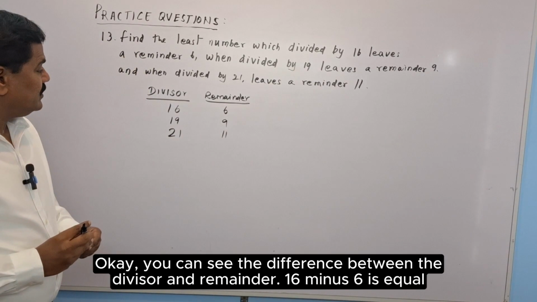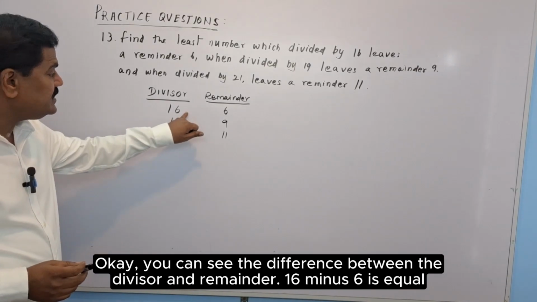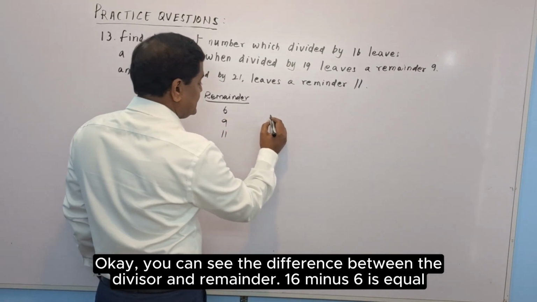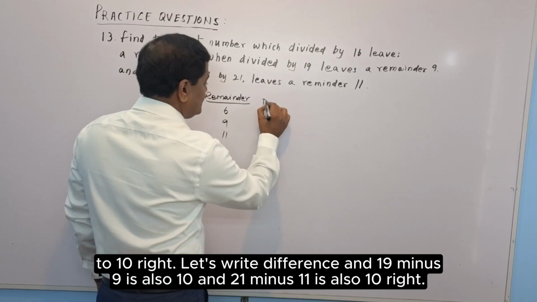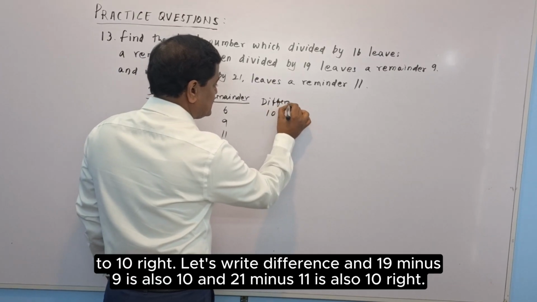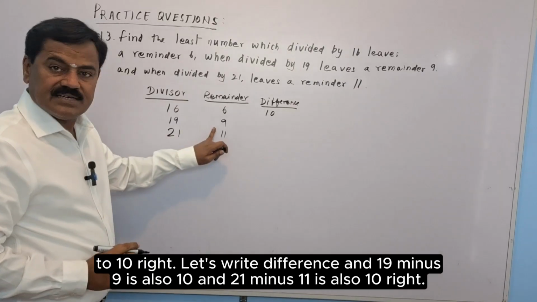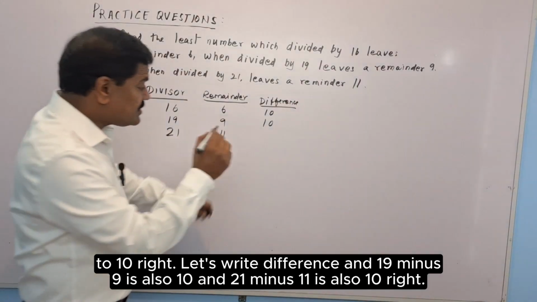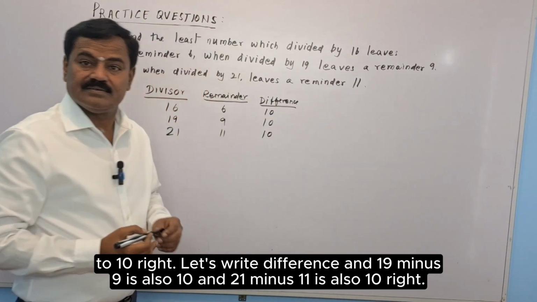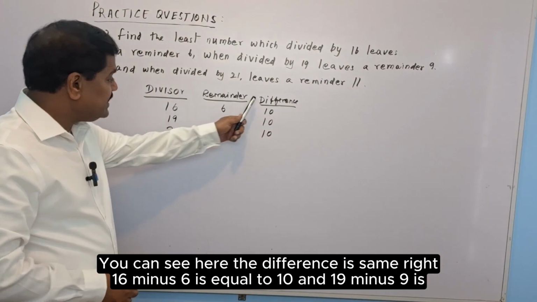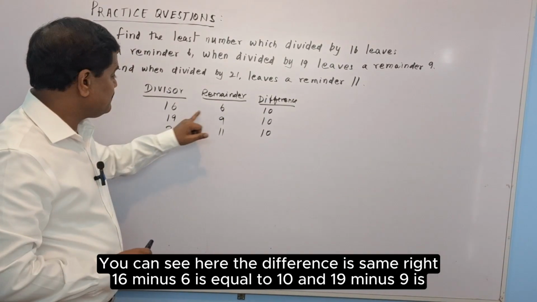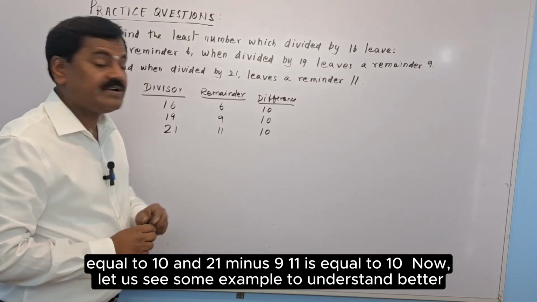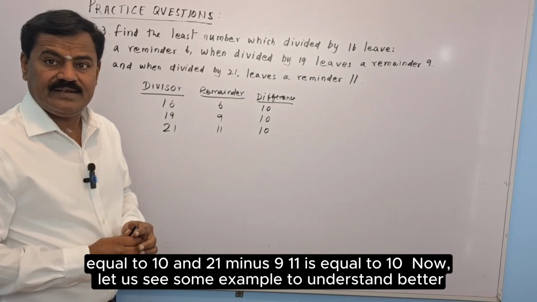You can see the difference between the divisor and remainder. 16 minus 6 is equal to 10, and 19 minus 9 is also 10, and 21 minus 11 is also 10, right? You can see here the difference is the same.